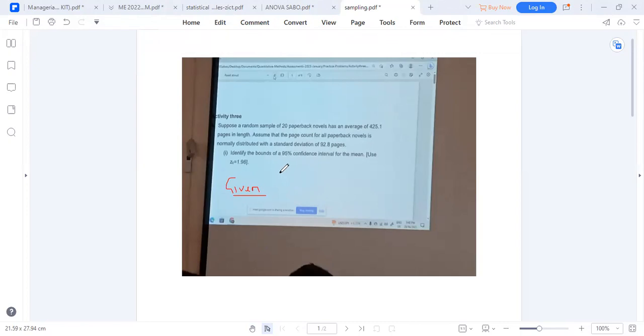Our N is 20. And standard deviation is 9.8 at 95% confidence.